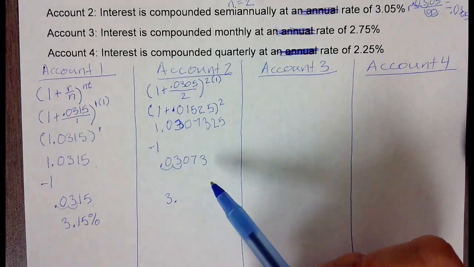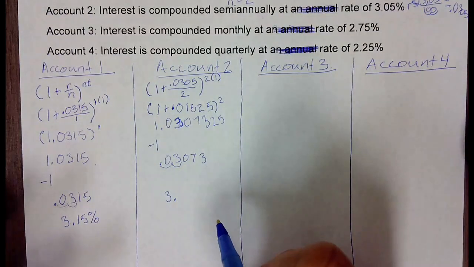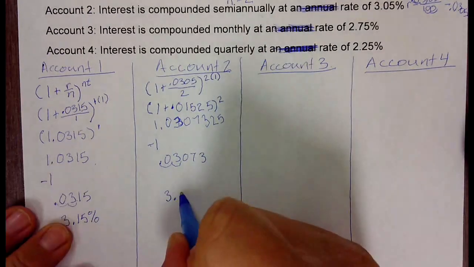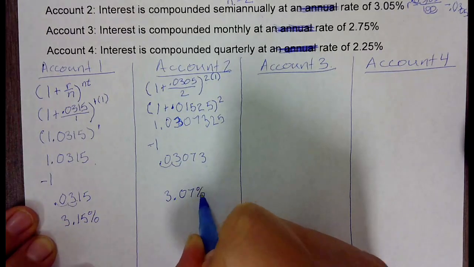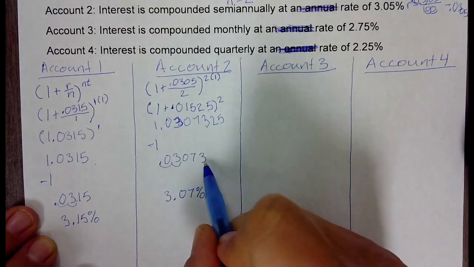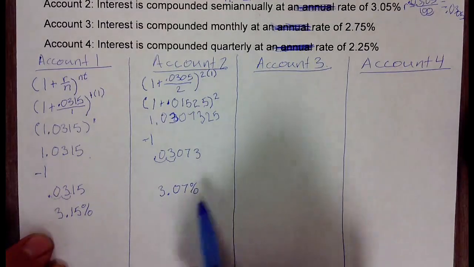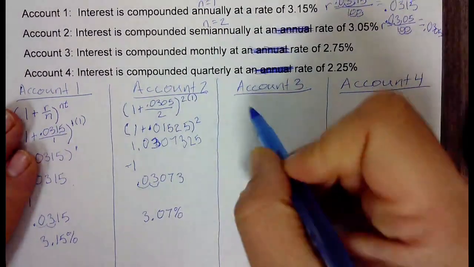I'm going to round to 2 decimal places, so 3.07%. I can leave it at 7 because this number next to it is less than 5, so I'm rounding down. 3.07%.